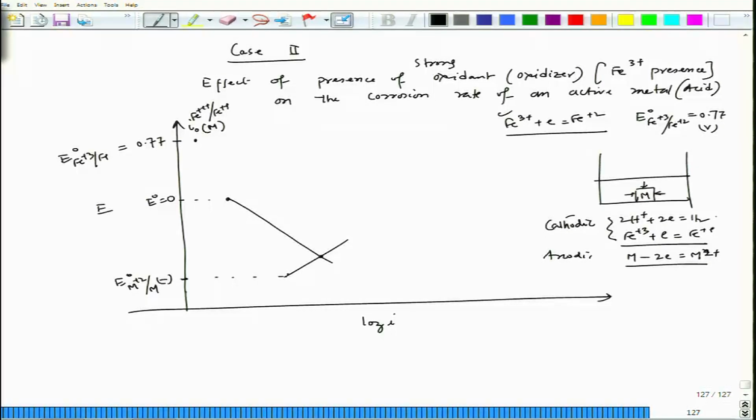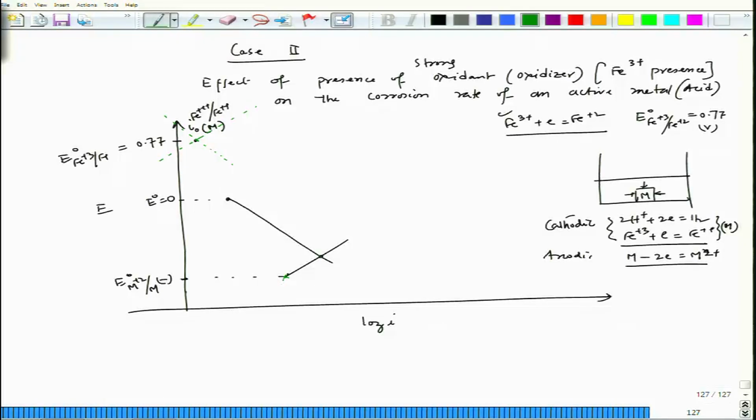and both these cathodic reactions are taking place on the metal surface. That is why we are considering I0 for Fe3+ to Fe2+ on the metal surface. It would have its own activation polarization, cathodic as well as anodic.